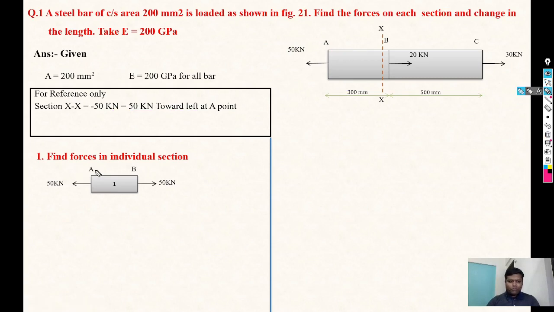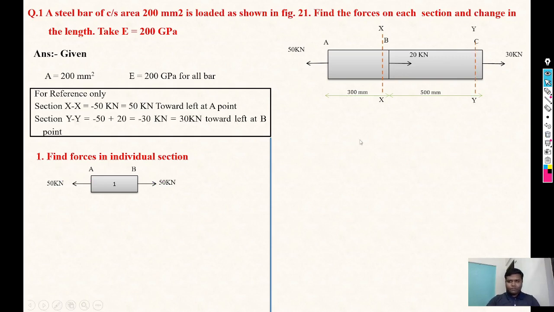Now for section AB, just consider the leftward force of 50 kilonewton and directly apply that same magnitude at point B, but the directions are different. Suppose the 50 kilonewton is going left, then at point B consider 50 kilonewton as right, and if that 50 kilonewton is towards the body, then this is also towards the body; away from the body or towards the body, like that also you can consider. Now the first section we have completed.